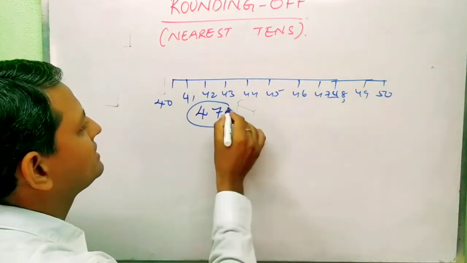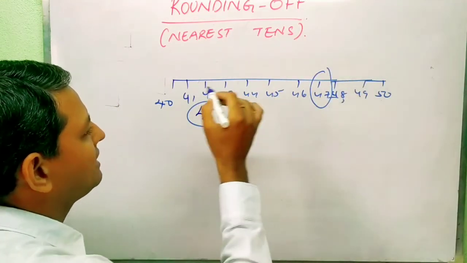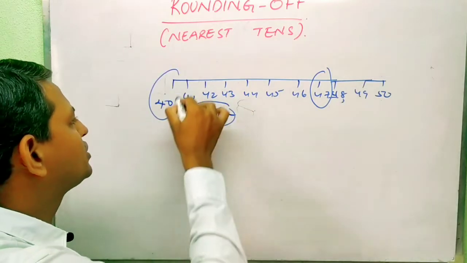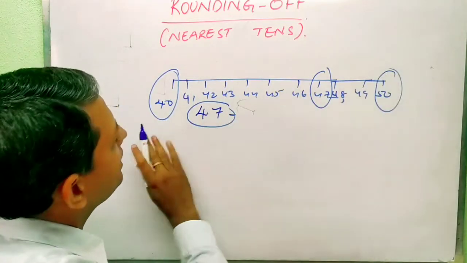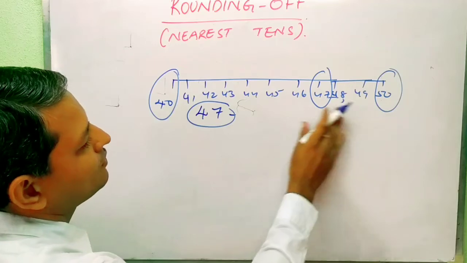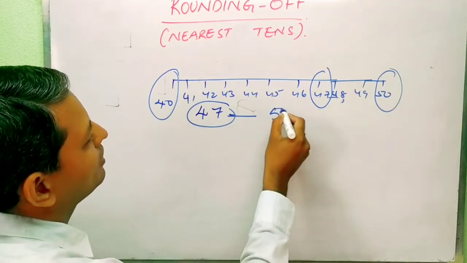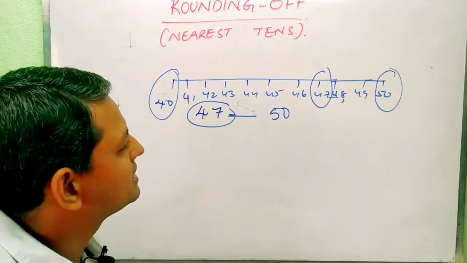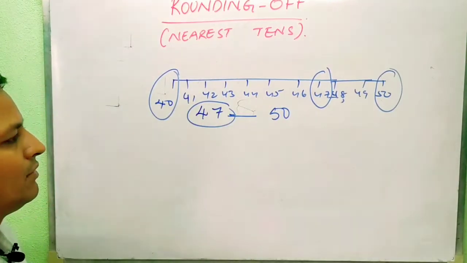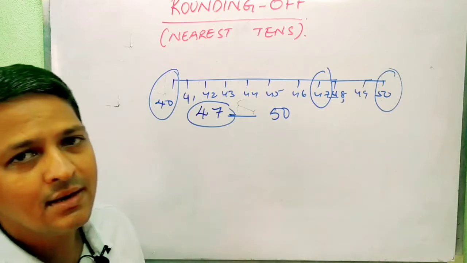So now 47 is here. Now this 47 is close to which 10? Is it close to 40 or 50? This 47 is close to 50. That's why when 47 is rounded off to its nearest 10, it is 50.